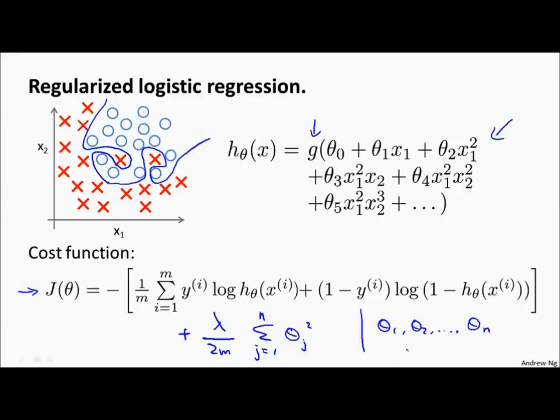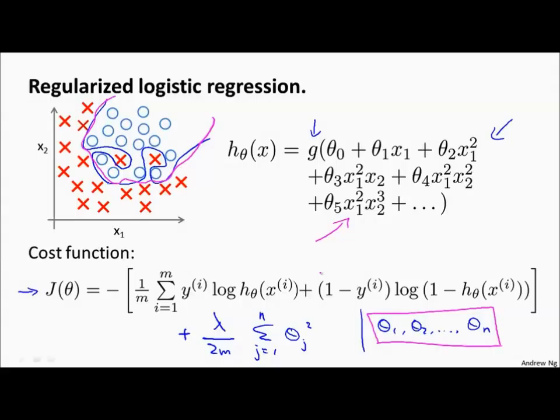And if you do this, then even though you're fitting a very high order polynomial with a lot of parameters, so long as you apply regularization and keep the parameters small, you're more likely to get a decision boundary that looks more reasonable for separating out the positive and the negative examples. So when using regularization, even when you have a lot of features, the regularization can help take care of the overfitting problem.